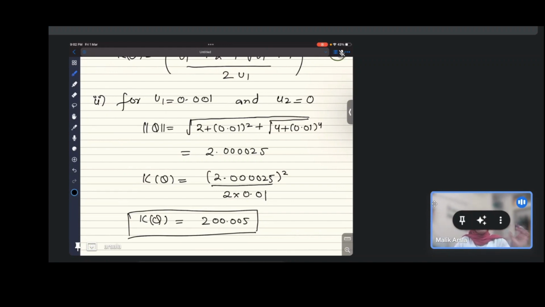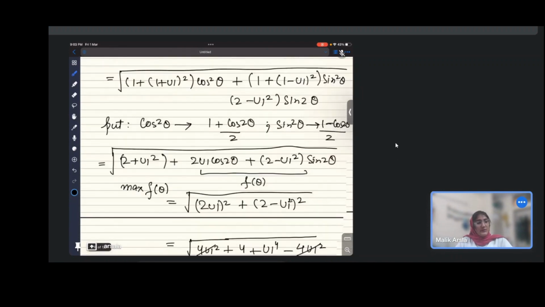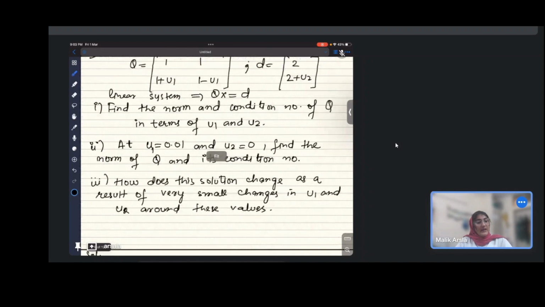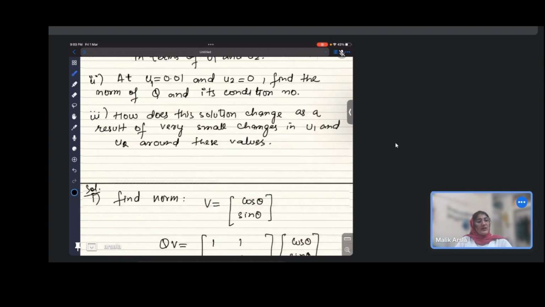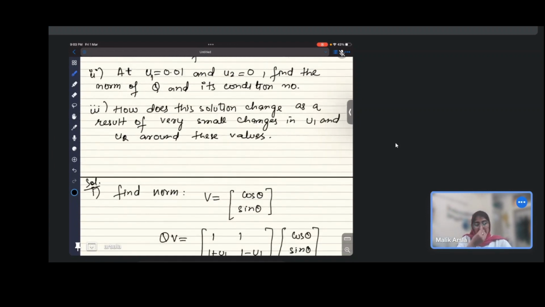Now for the values of u1 equal to 0.001 and u2 equal to 0, we have found out the norm of q as well as the condition number of q. Now the third part of the question: how does this solution change as a result of very small changes in u1 and u2 around these values? So it is basically asking us, if u1 and u2 are changed, how will this solution change?